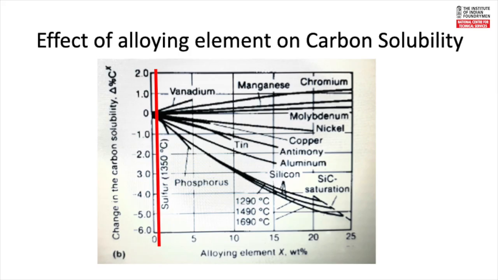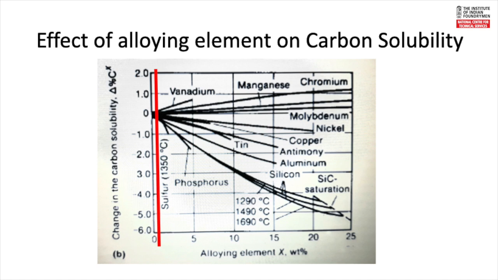That means the solubility of carbon in iron comes down, or in other words, these elements, when present in the iron, will promote or encourage carbon to come out of solution as graphite. While if you look at the other elements, vanadium, manganese, chromium, molybdenum, these have a positive change in the carbon solubility.